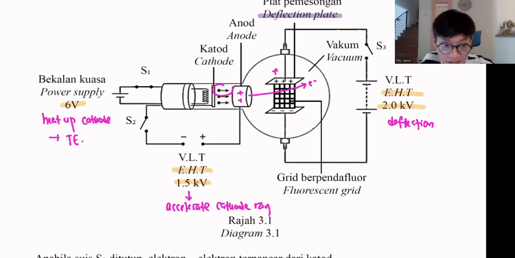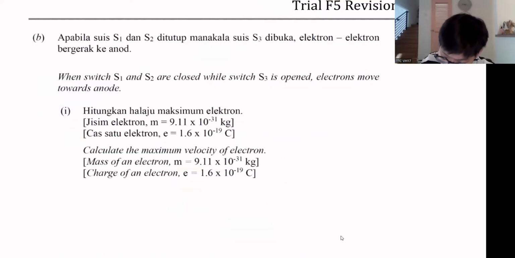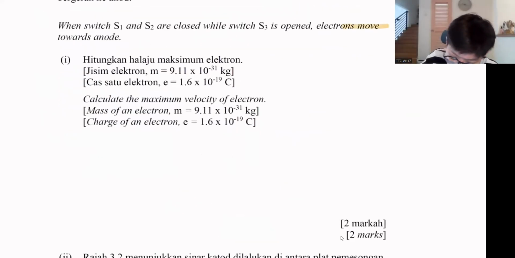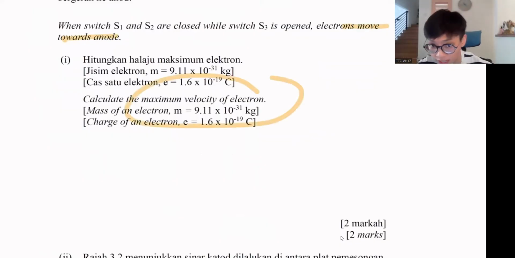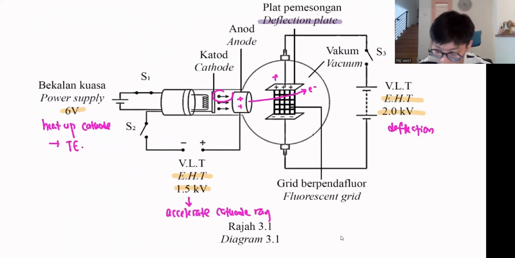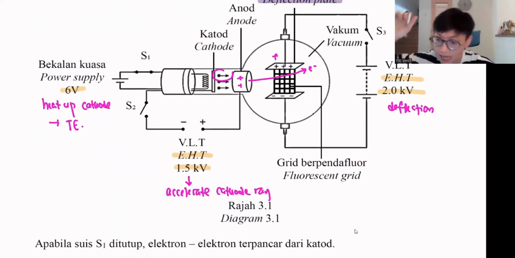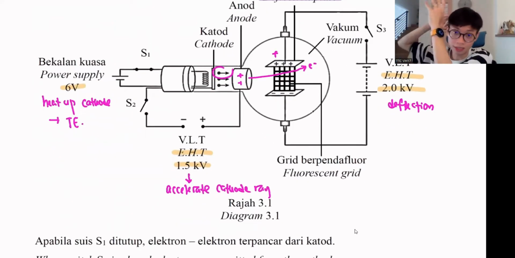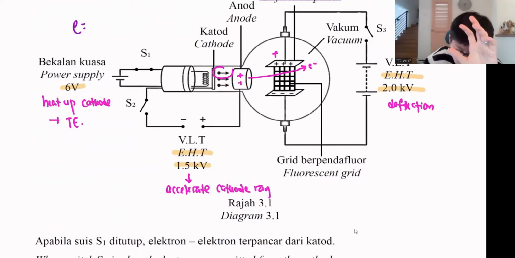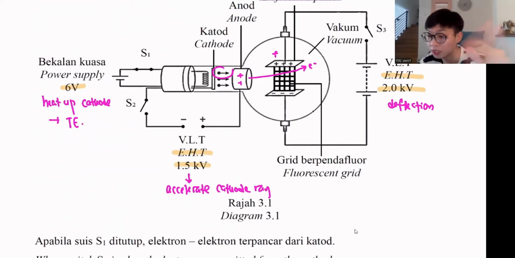Because of the next question, part B. They tell you that the electrons move towards the anode, and they want you to calculate the maximum velocity of the electron. I'm going to write my working here. Calculate maximum velocity. In this case, I don't like to use the formula that is given, the v = √(2eV/m). It is too confusing for me.